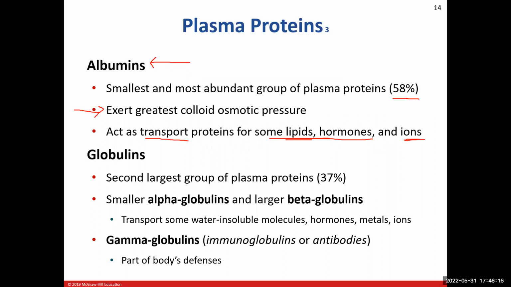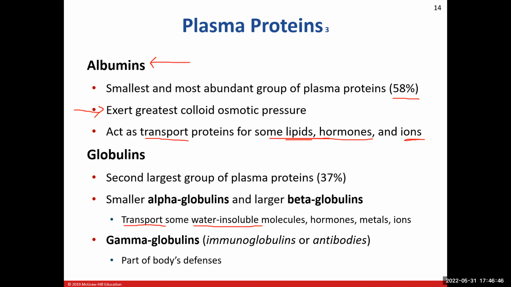All right, globulins. Okay, this is the second largest. We have different classes of globulins, our alpha globulins, beta globulins, gamma globulins. But the alpha and the beta are going to act as transport proteins here. So they're going to transport the water insoluble molecules. Because keep in mind, what does that even mean? Why do I even care if something's water insoluble or water soluble?